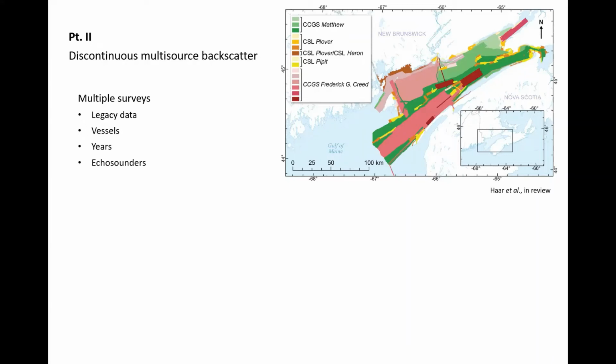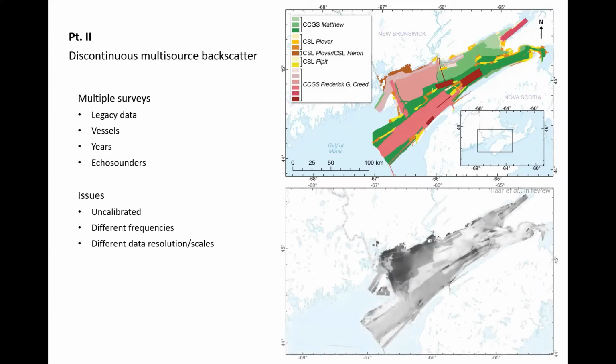It's maybe the motherlode of all multi-source backscatter data sets. I don't know. But there's a lot of issues with trying to use backscatter from data sets like that. Obviously, they're uncalibrated systems. We have different frequencies, different data resolutions and scales. It's really kind of a mess. But it is interesting to play around with that data set. We've got everything there and can start to look at how you might combine information from disparate data sets.